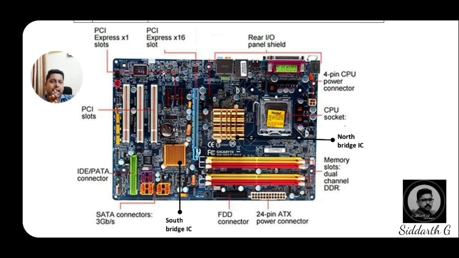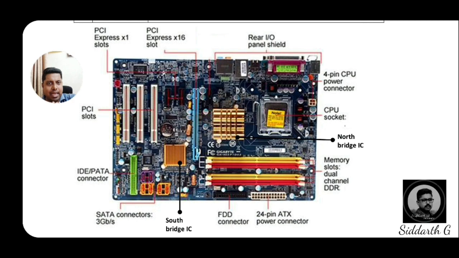See, PCI Express slots and PCI slots, IDE connectors, SATA connectors, South Bridge, North Bridge, FDD floppy disk drive connectors, ATX power connectors, DIMM memory slots, CPU socket, meaning the processor socket, 4-pin CPU power connector, rear I/O panel shield, and PCI Express x16 slots. These are some outer parts of the devices.